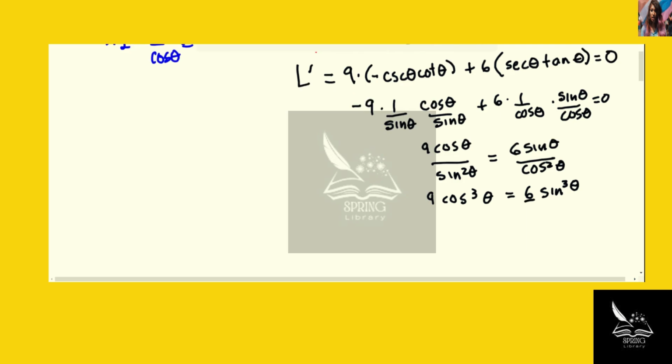Divide the 6 over here, and divide the cosine cubed over to the other side. The reason I know to do that is because I want to talk about tangents, not cotangents. So 9 over 6, that's 3/2, equals the tangent cubed of theta.